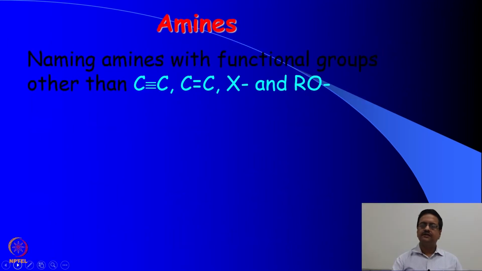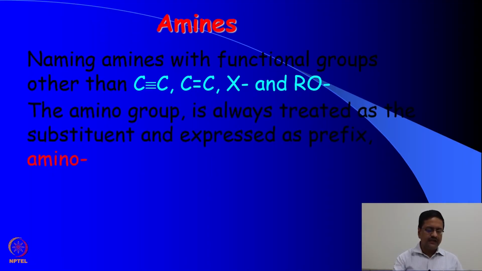When you have multiple functional groups, we can name the amines with functional groups other than C triple bond C, C double bond C, halogen and alkoxy groups. So, the amino group is then treated as the substituent and expressed as a prefix, as amino.